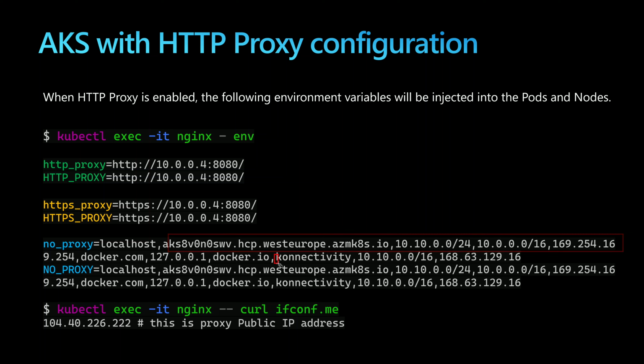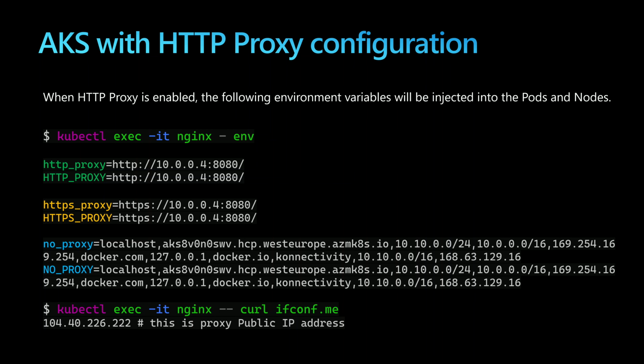Those are needed and necessary for the functioning of the cluster. Then from inside the pod, if I exec inside and run curl ifconfig.me, that service that will give me my IP, the IP address that it sees. So here the pod will egress to the internet through the public IP address of the proxy.